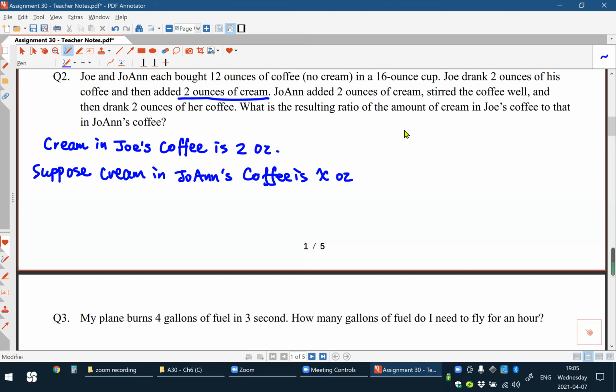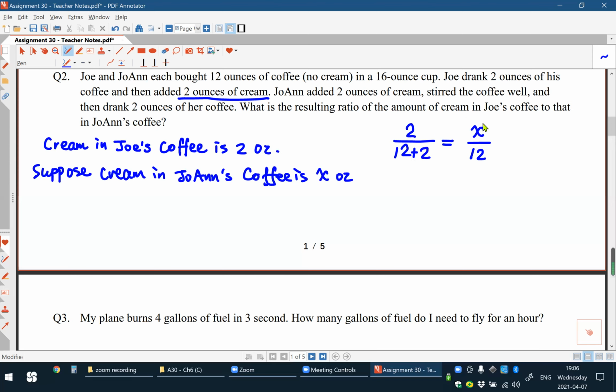Okay, so initially in Joanne's coffee, there are 2 ounces of cream in 12 plus 2 ounces of mixed coffee, right? And after she drank 2 ounces, the coffee becomes 12 ounces and the cream is X ounces. So we have this relationship, right?